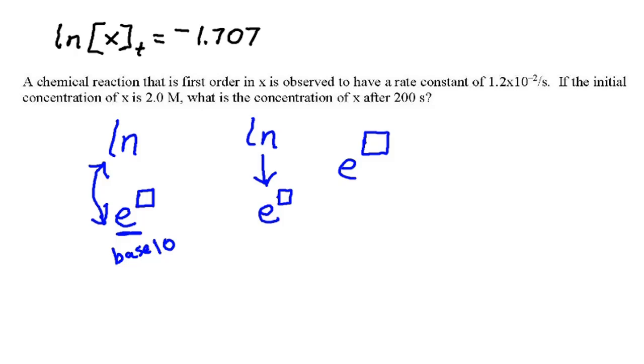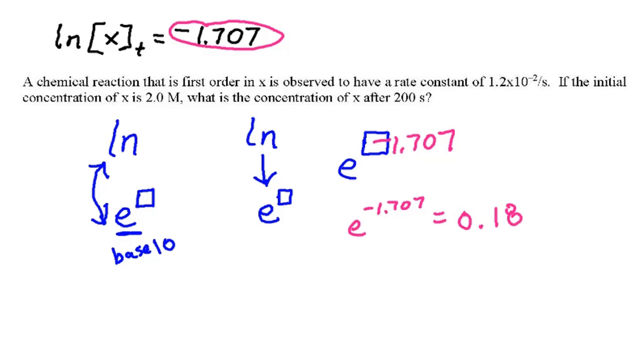And the exponent we want to use is this answer that we have right here, negative 1.707. And if you punch in e to the negative 1.707, you are going to get 0.1814. And that's it.